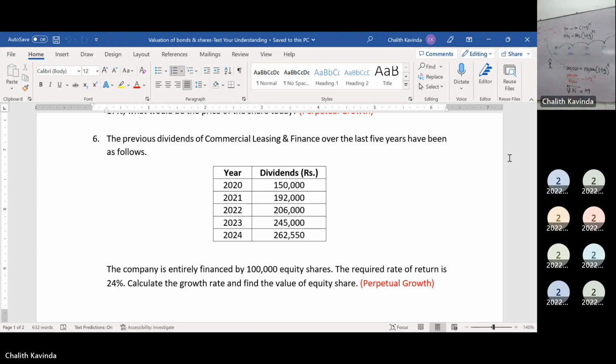The price of the share equals $34. So the price of the share is equal to 34.